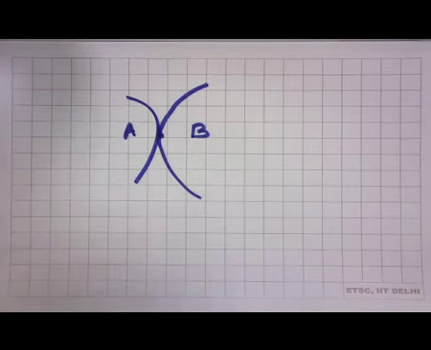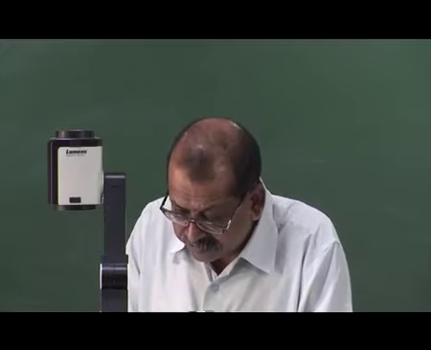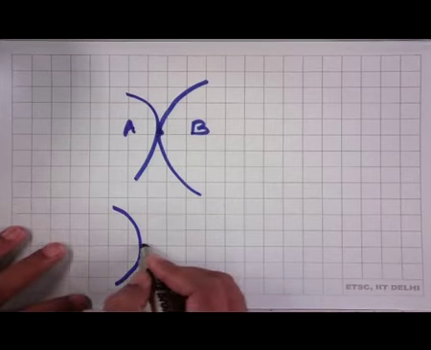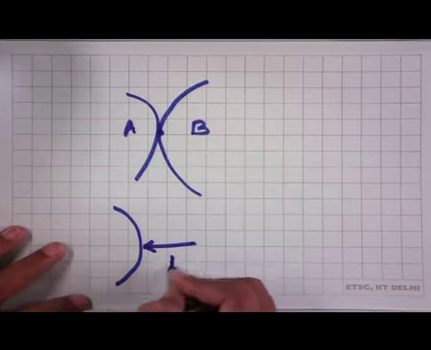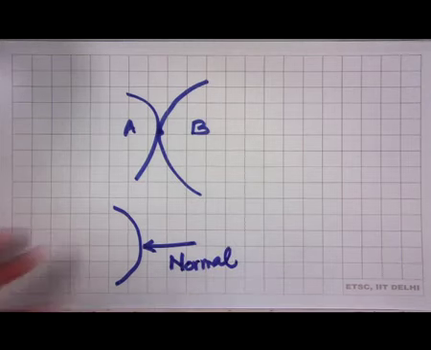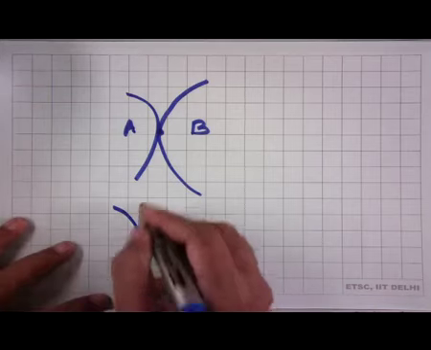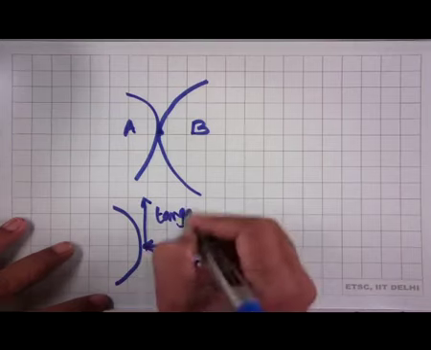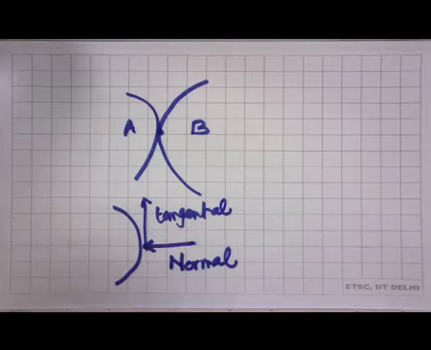So, we divide this general force FAB into two components. The first is the normal component, which is in a direction normal to the contact, and the other we call the tangential component.